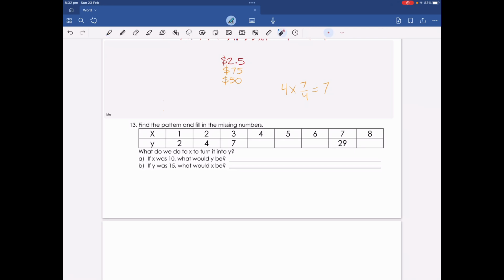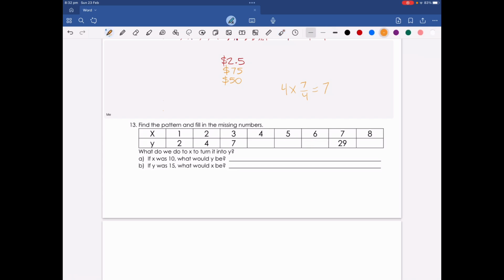Okay, look at this. 4 plus 3 is 7. 7 plus 4 is 11. 11 plus 5 is 16. 16 plus 6 is 24. 24 plus 7. Didn't work.